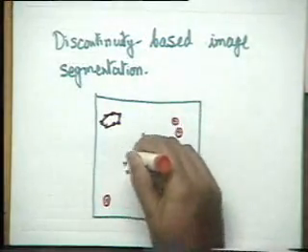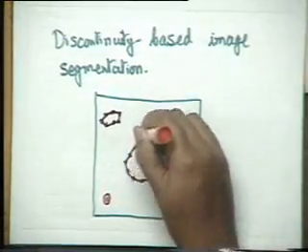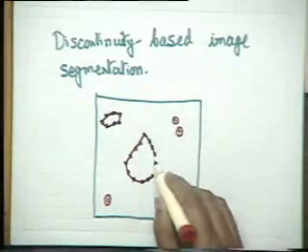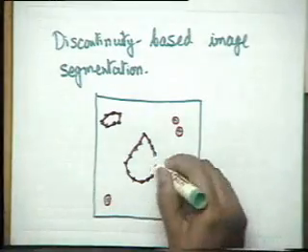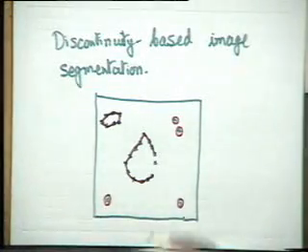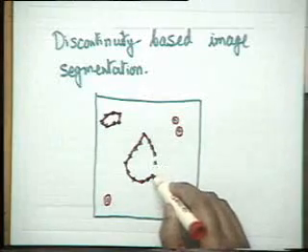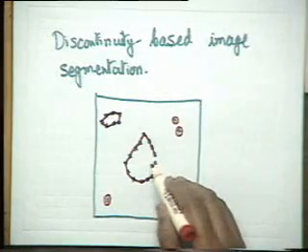Now there are some cases where because of poor lighting condition, it may not be possible to detect the object boundary very clearly. Let's say we have a set of edge pixels like this, so we try to group them like this, we keep on grouping, and here we find that there is a very clear discontinuity. Maybe we have one or two pixels over here, but we find that these cannot be joined directly because this edge pixel and this edge pixel are not in the immediate neighborhood of this one.